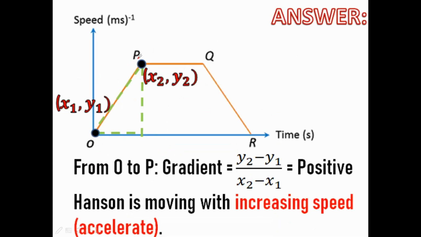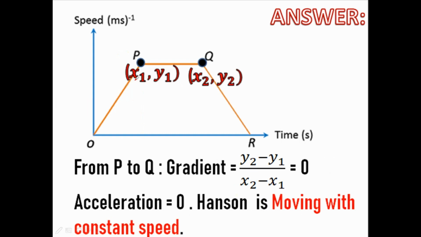From O to P, we must have at least 2 points here. Let's say this is x1, y1, and the coordinate of this one is x2, y2. To find the gradient, y2 minus y1 over x2 minus x1, then you will have a positive number. Therefore, Hansen is moving with increasing speed, or you can say he is accelerating.